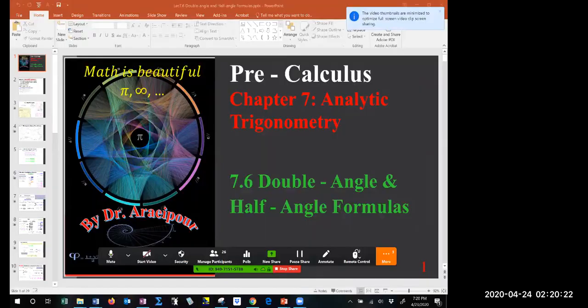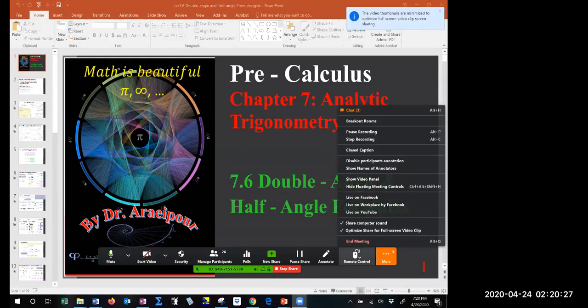Okay, I'm going to stop the share, and this is 7.6. So we are looking at section 7.6 and we're going to share. So everybody is looking at section 7.6, double angle and half angle formulas. And so let's continue.